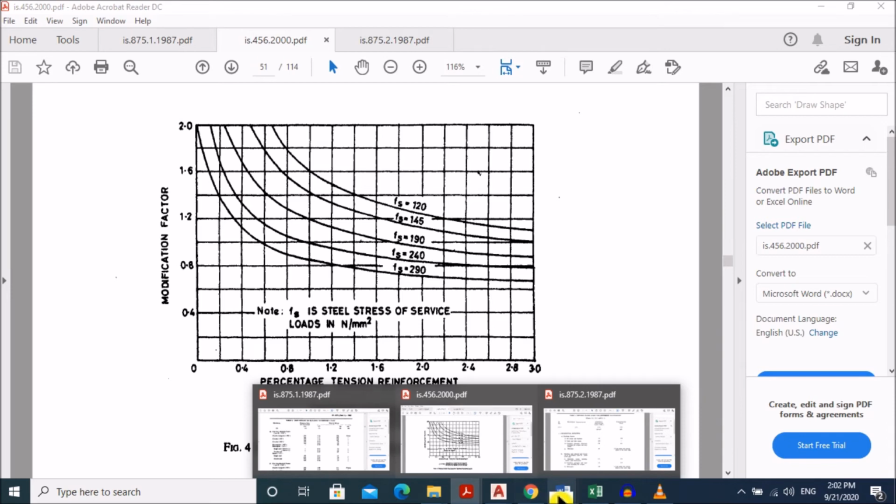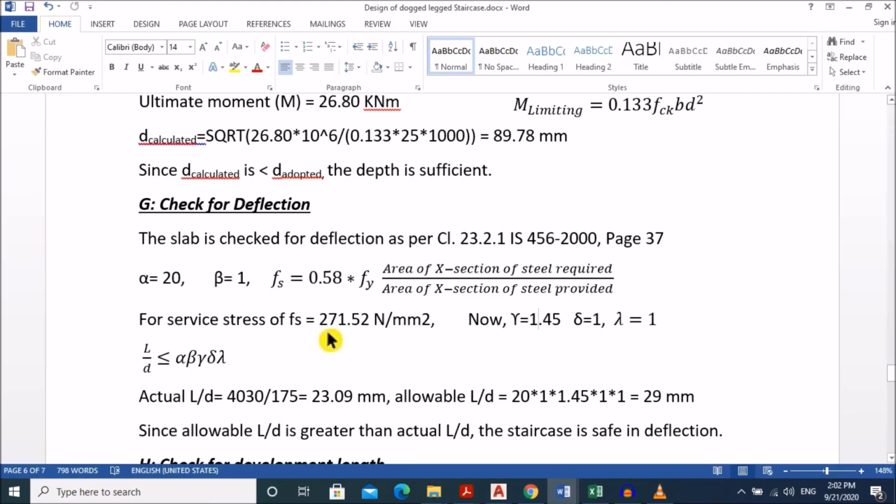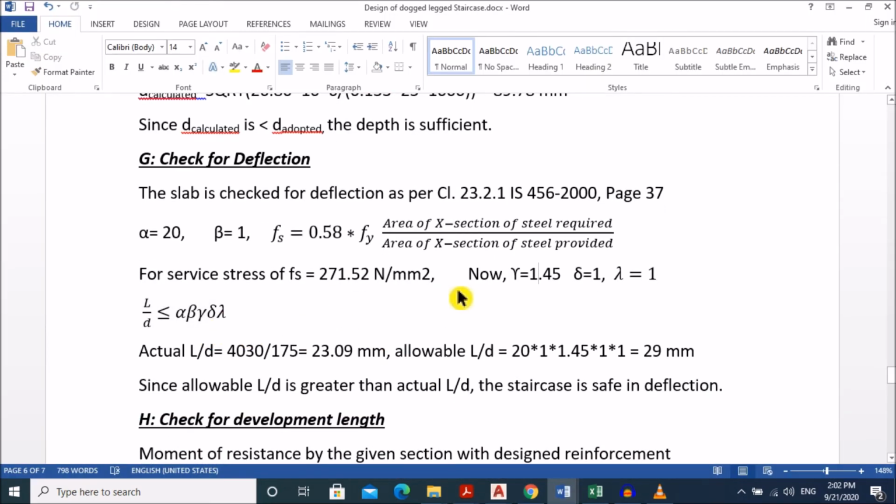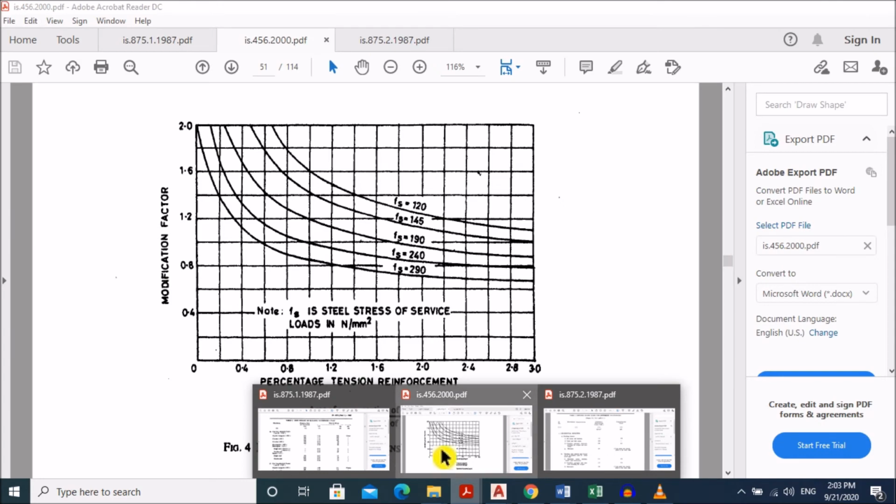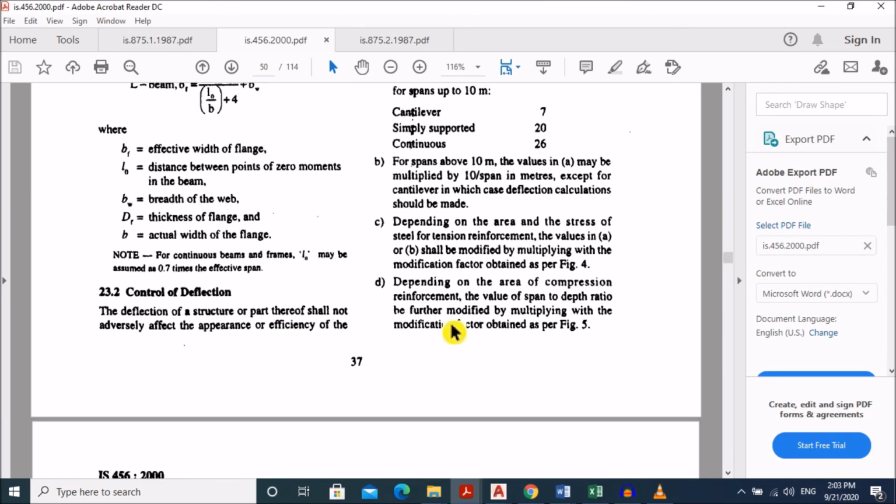Similarly, depending on the area of compression reinforcement, the value of span to depth ratio shall be further modified by multiplying with the modification factor obtained as per figure 5.